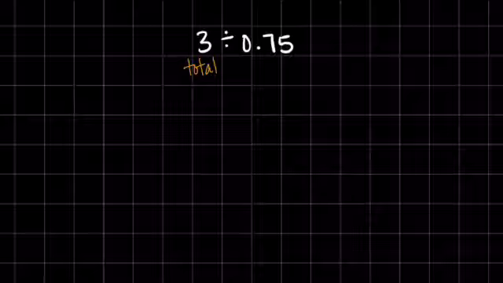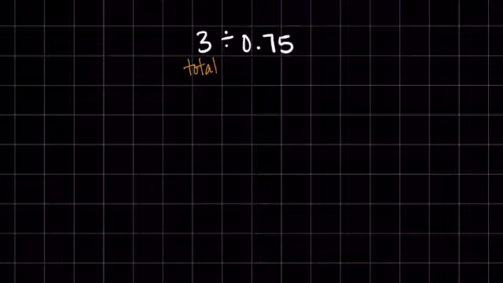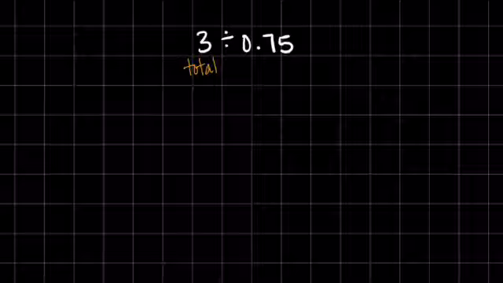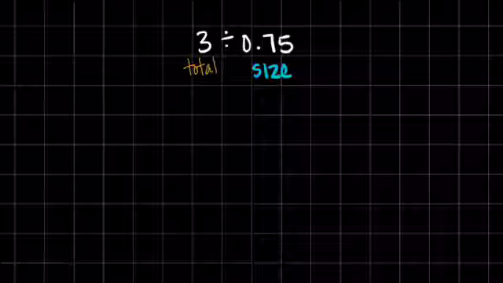Instead, I want to measure out 75 hundredths because that could be the size of my group, and I could see how many times I can measure out 75 hundredths. So I am going to make the 75 hundredths the size of my group this time so that I can measure out that size and just see how many groups I would be able to make.